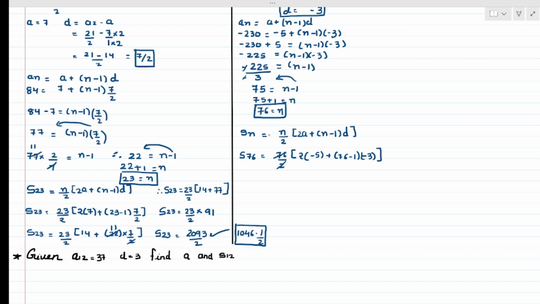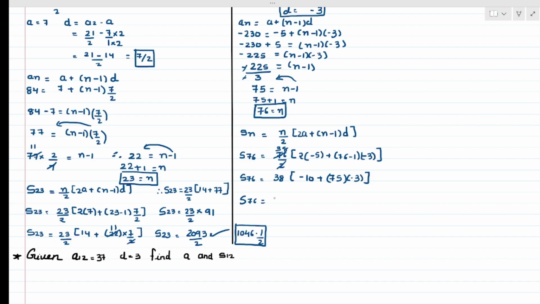So S76 is equal to 38 times minus 10 plus 75 times minus 3. Okay. Now calculate this.